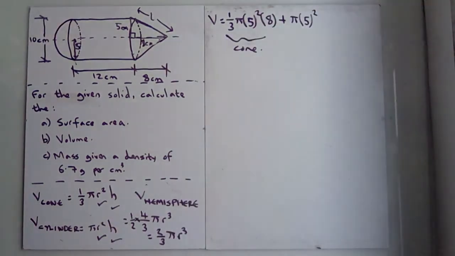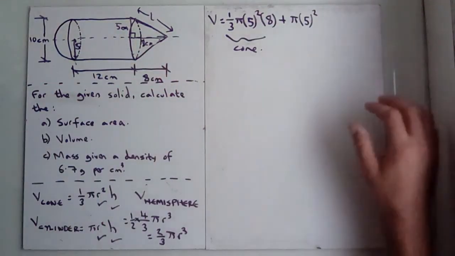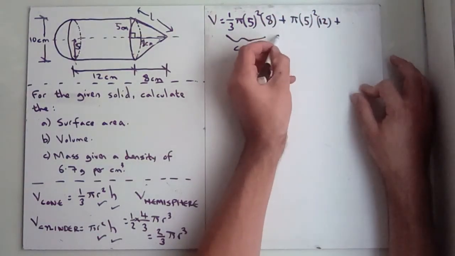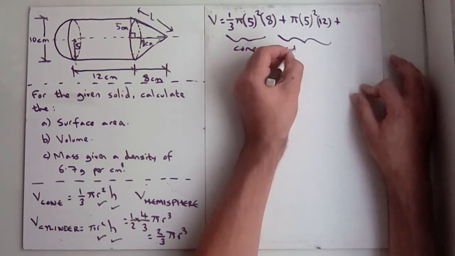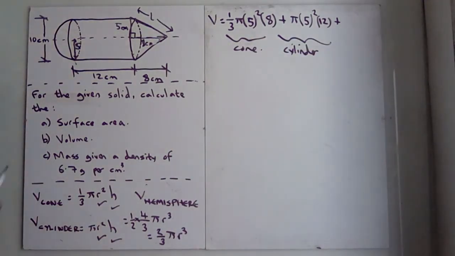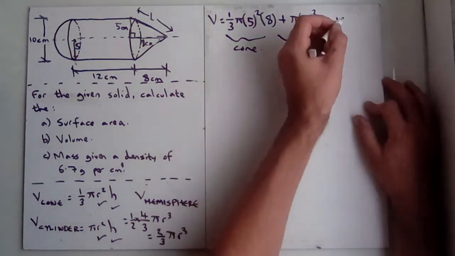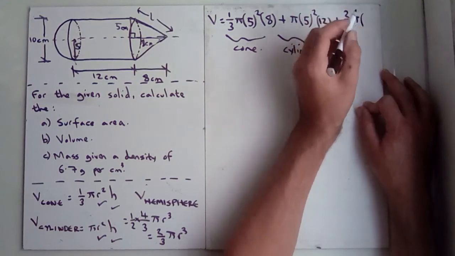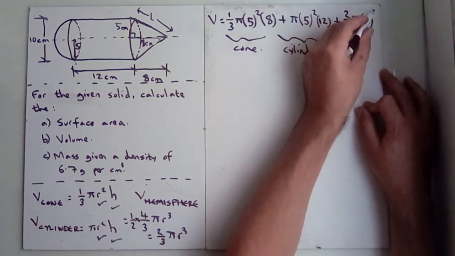H is a different h for the cylinder, it's 12 for the cylinder, times 12, plus, that was the cylinder, plus, so for the hemisphere, we decided it was 2/3 pi r cubed, so 2/3 pi times 5 cubed.